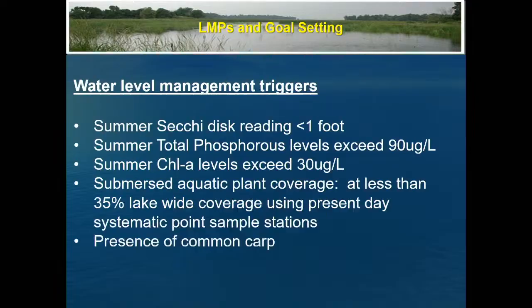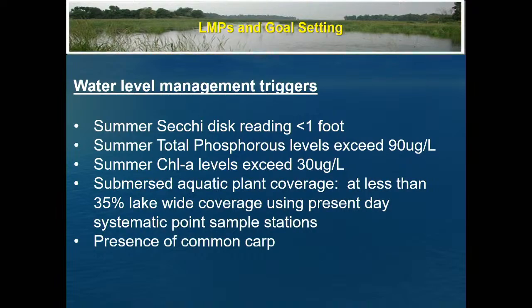Just to show you guys what we've used as some triggers for drawdowns, on High Island, these are the water level triggers to basically trigger a drawdown. Anything better than these, we say, hey, we're in a good state.